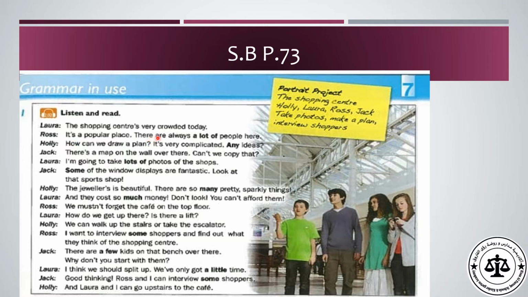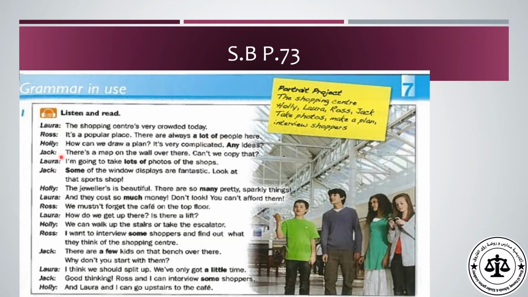Laura: The shopping center is very crowded today. It's a popular place. There are always a lot of people here. So people here is a countable noun, we can count it. Remember, Miss, it's an irregular noun: people, its singular is person. We said that a lot of or lots of come with countable or uncountable nouns.